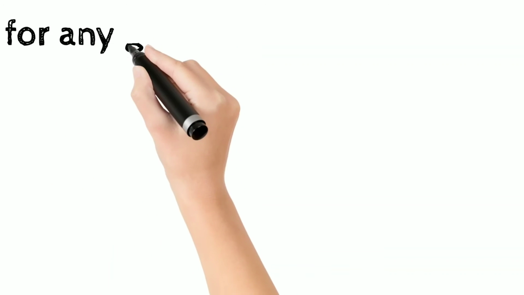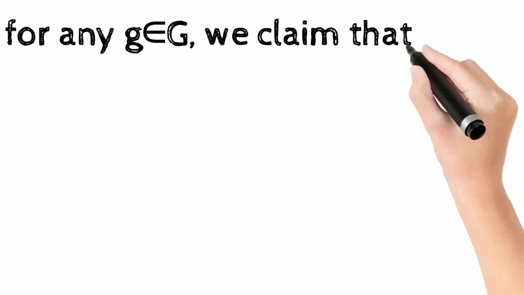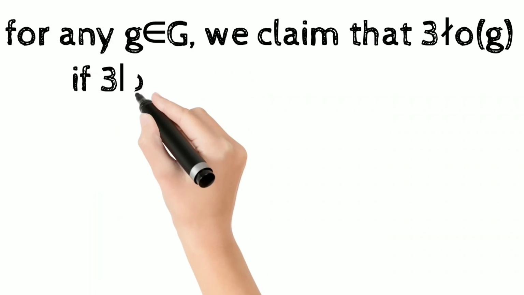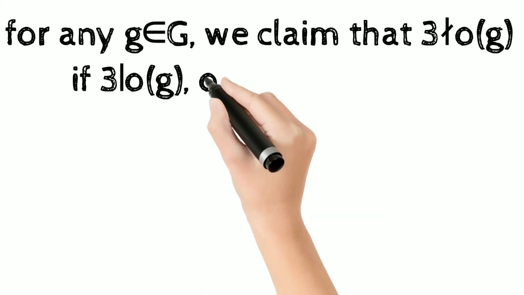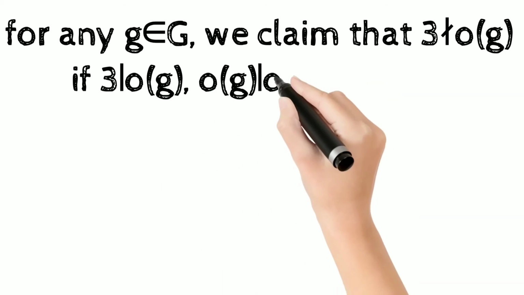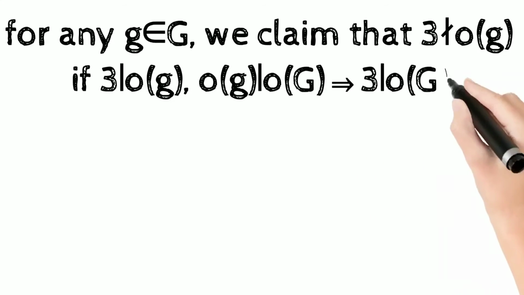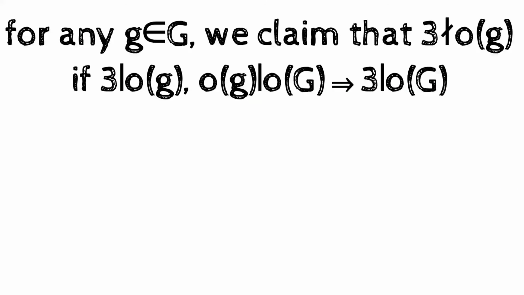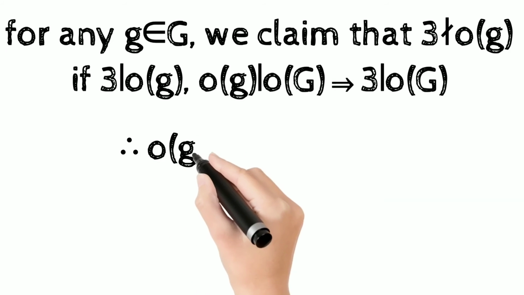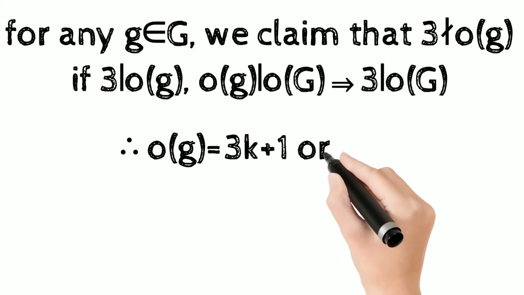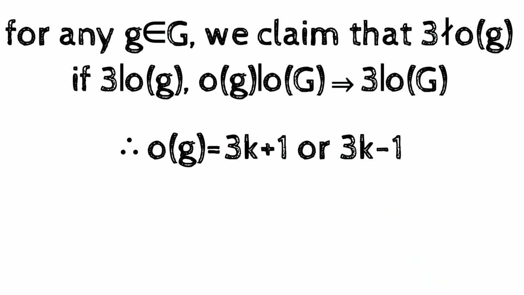So for any g in G, we claim that the order of g is also not divisible by 3. Because if it is, then since by Lagrange's theorem the order of g divides the order of the group, and this order of the group is also divisible by 3, which is a contradiction. Therefore, the order of element g can be written as 3k plus 1 or 3k minus 1 for some k belongs to integers.